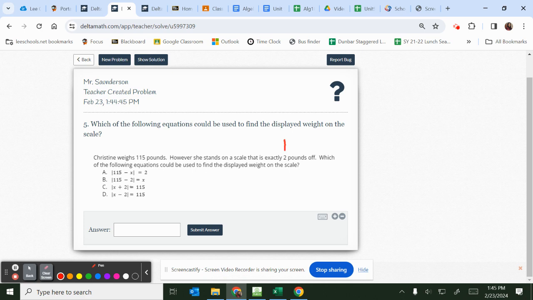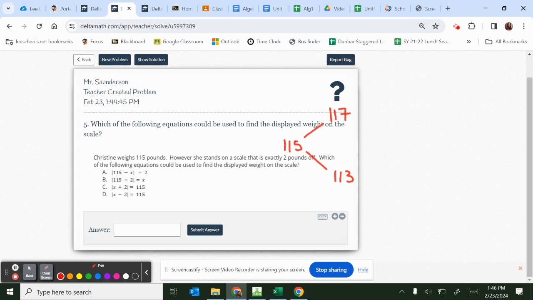So if she weighs 115 and it's 2 pounds off, it could be either 2 pounds less, which would be 113, or 2 pounds more, which would be 117. So we need to make an equation that will give me both these answers as a result. When I try to solve these equations, I need to get both of these answers. So I'm going to start with equation D.